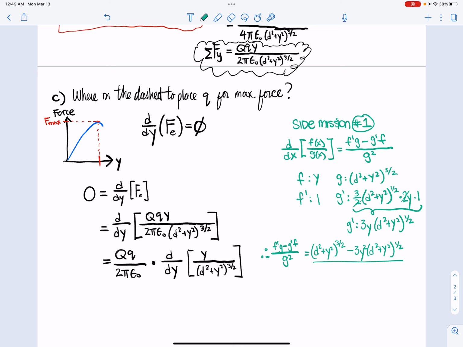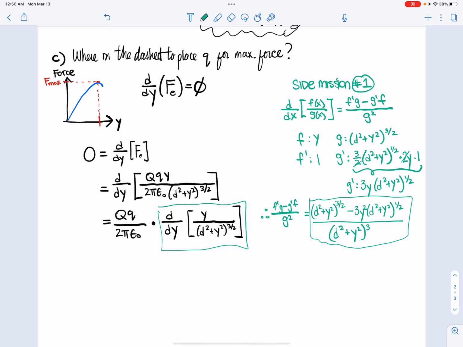And g is d squared plus y squared to the 3 halves. But if I square all that, then the 2's would cancel out, and I would just be left with d squared plus y squared to the power of 3. Okay? So that would be the derivative d over dy of this guy.